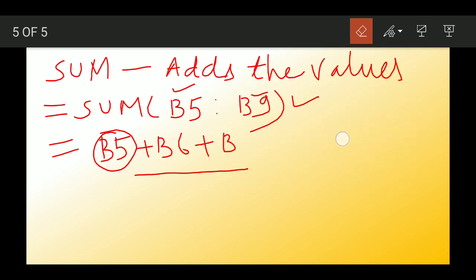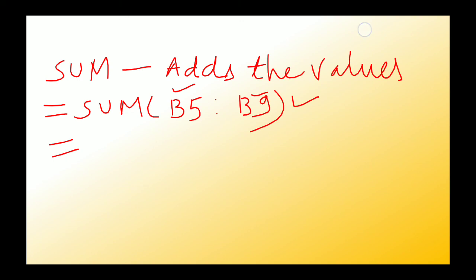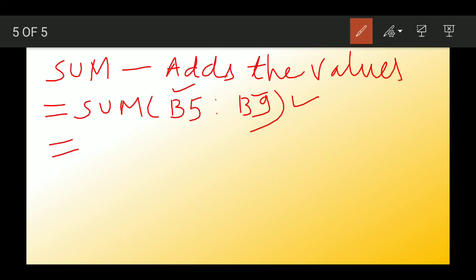Now this function can calculate values from B5 to B9. We need to write only the first and last value, and after that we use this symbol. This is called the colon symbol.